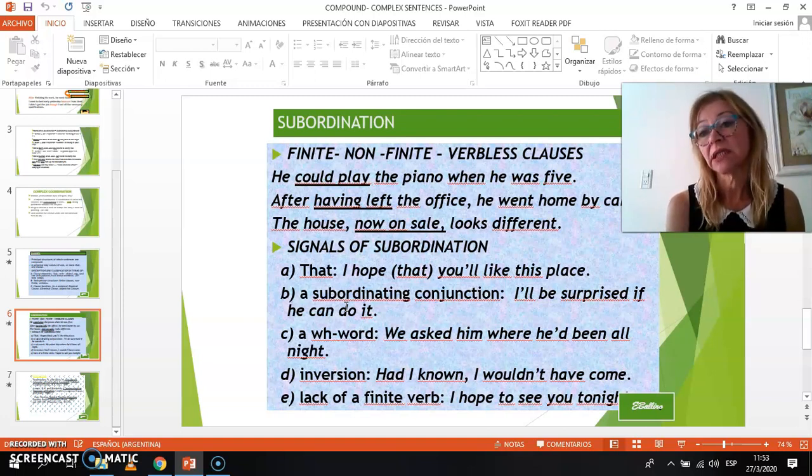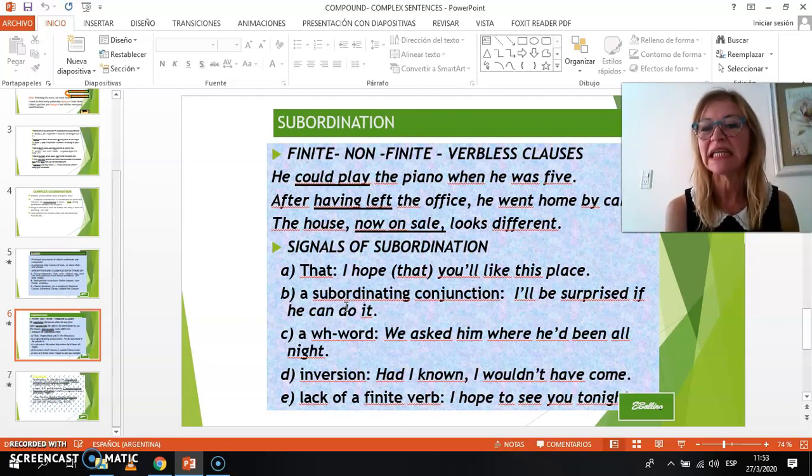B, a subordinating conjunction. I'll be surprised if he can do it. If is a subordinating conjunction in this example, and it introduces an adverbial clause expressing condition.